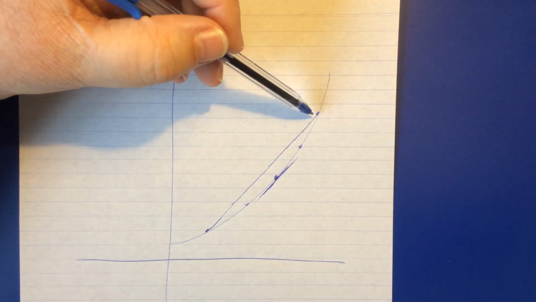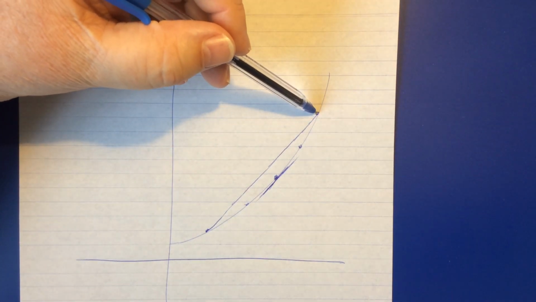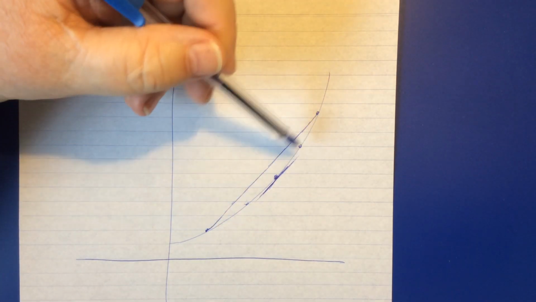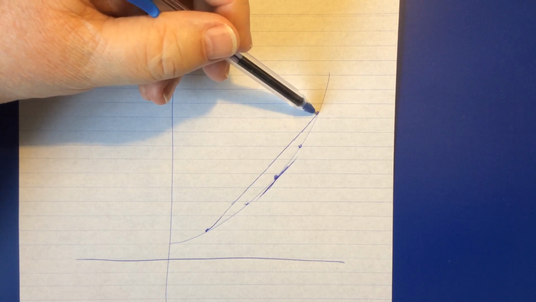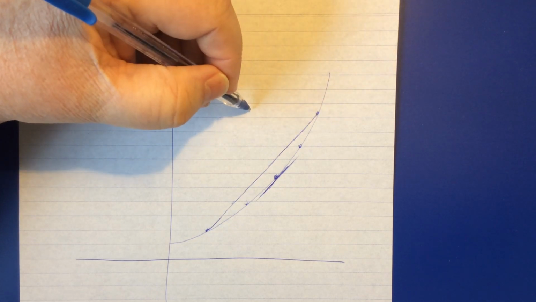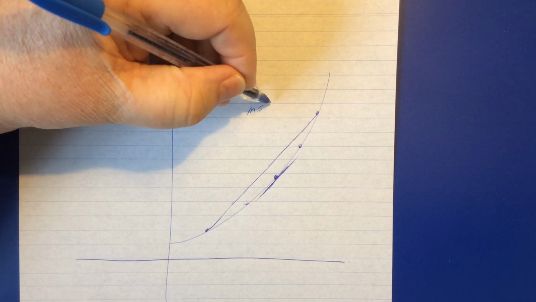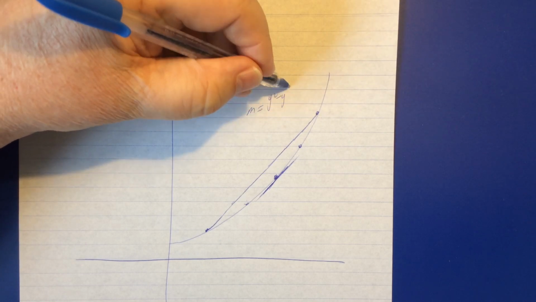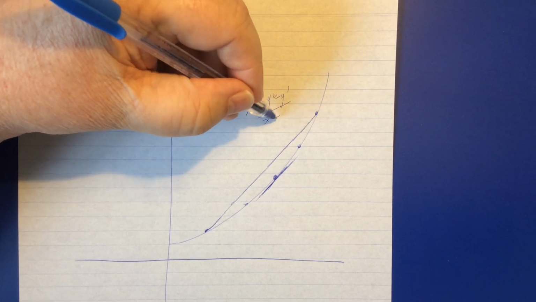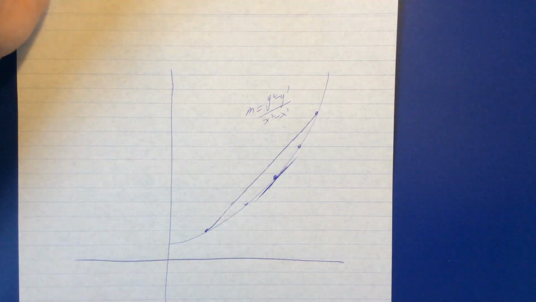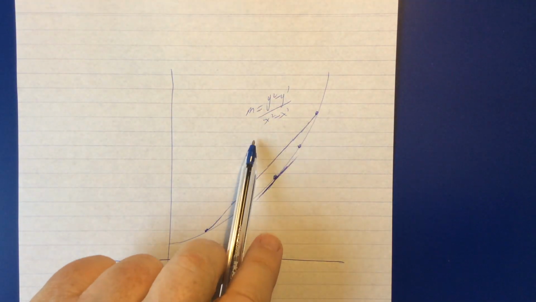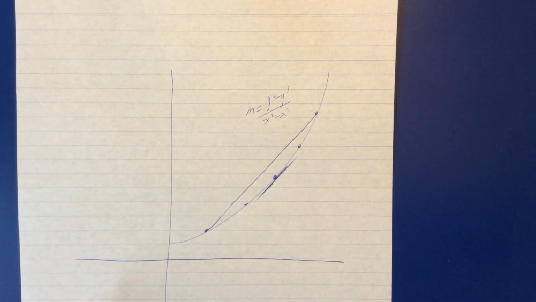Okay, so we could talk just about gradients, and how you find the gradient of a line is this old gem, y2 minus y1 over x2 minus x1. And what you're going to see is that the gradient function is a very clever reworking of this.